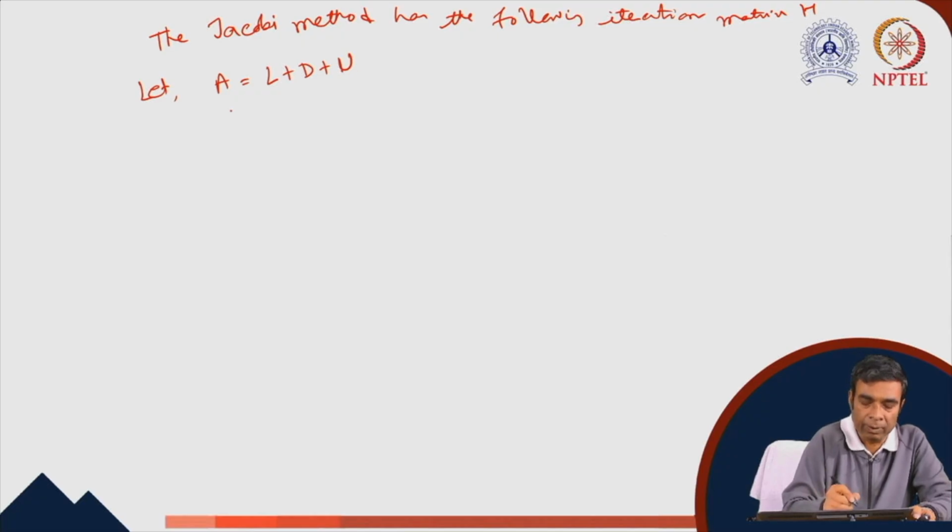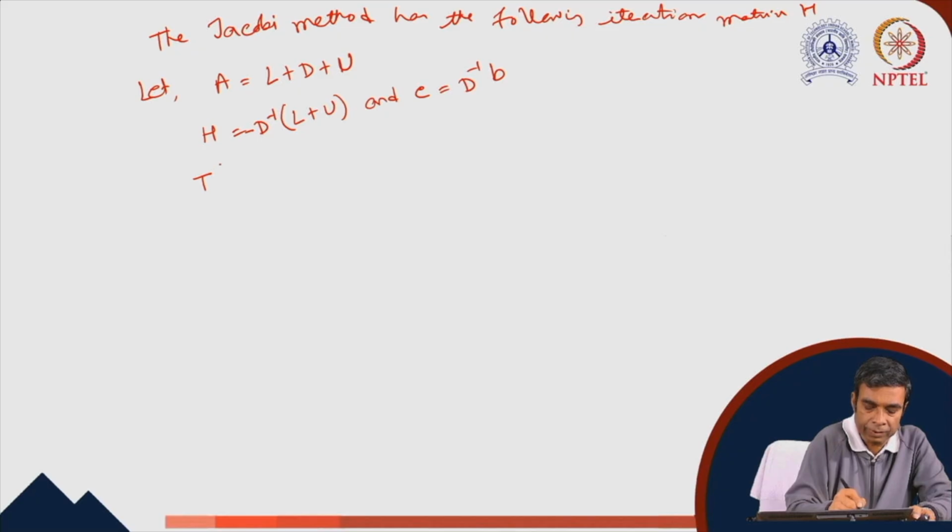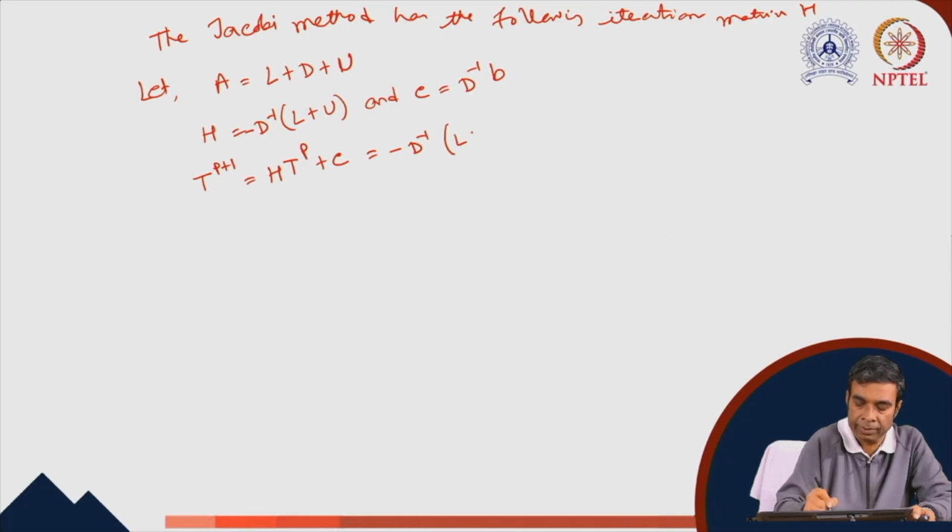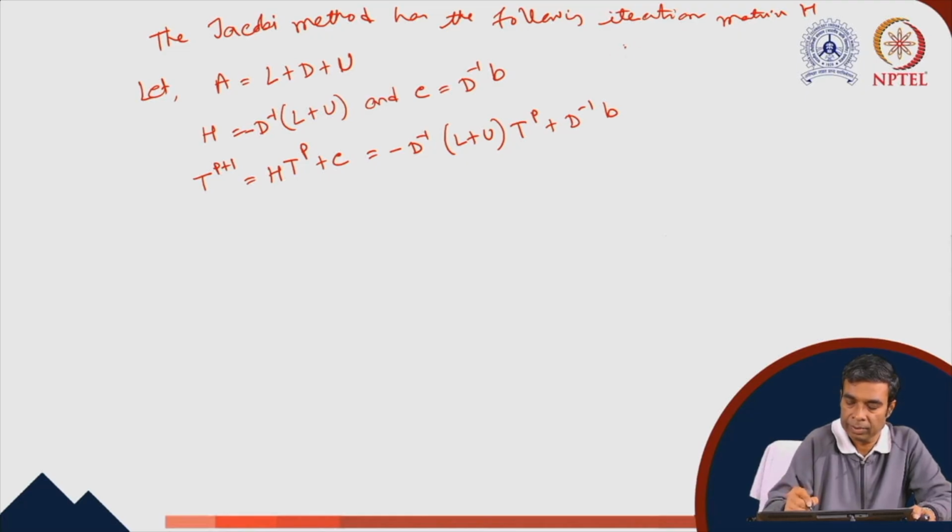So in that case, it is found that H equals minus D inverse (L plus U), and C equals D inverse B. So we can write the iterate as T or x at p plus 1 equals H T at the pth level plus C, equals minus D inverse (L plus U) into T at p plus D inverse times the right hand side load vector for Ax equals B.